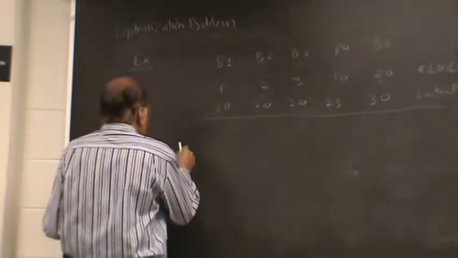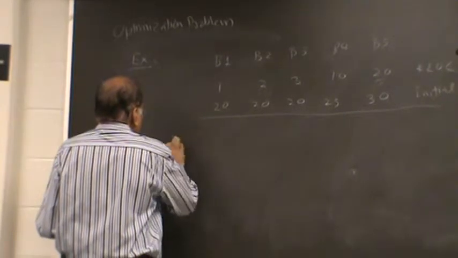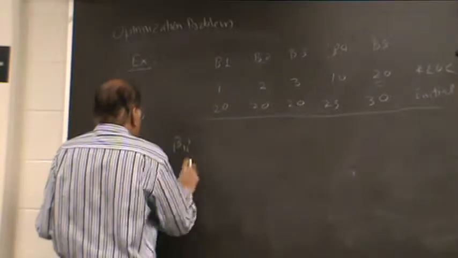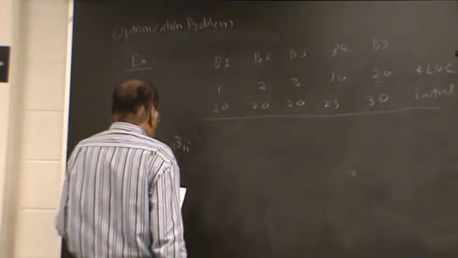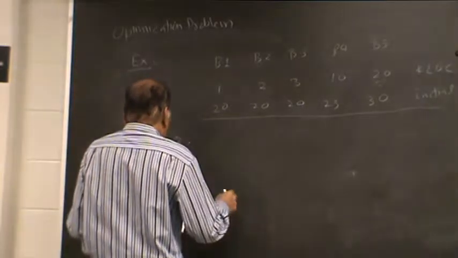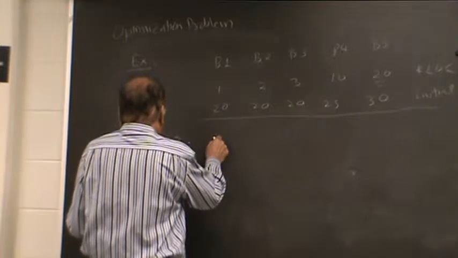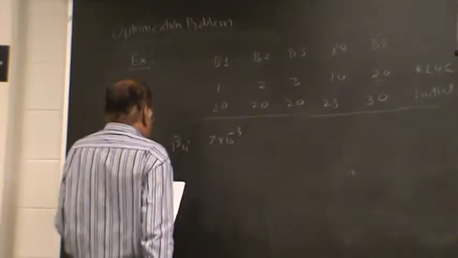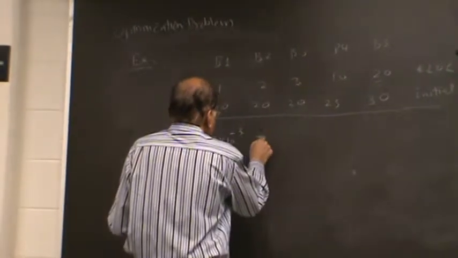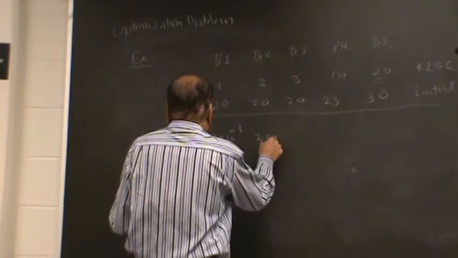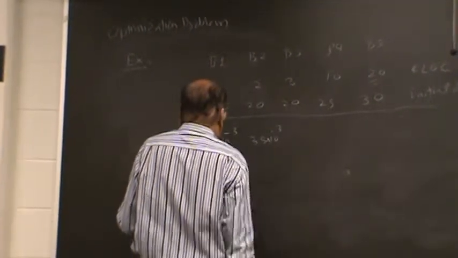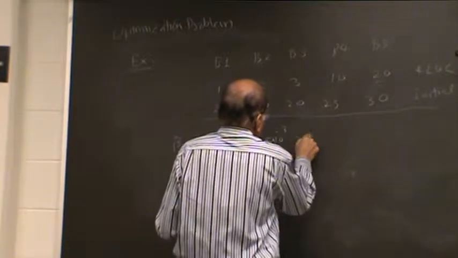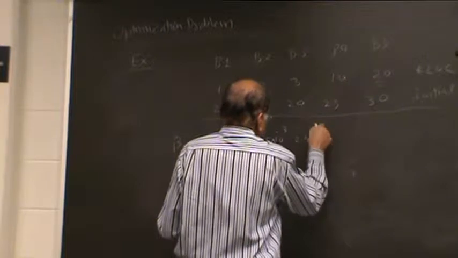So let me give you the values of beta 1 i. Let us assume that beta 1 i is given to be 7 multiplied by 10 raised to minus 3, 3.5 multiplied by 10 raised to minus 3, and 2.3 multiplied by 10 raised to minus 3.